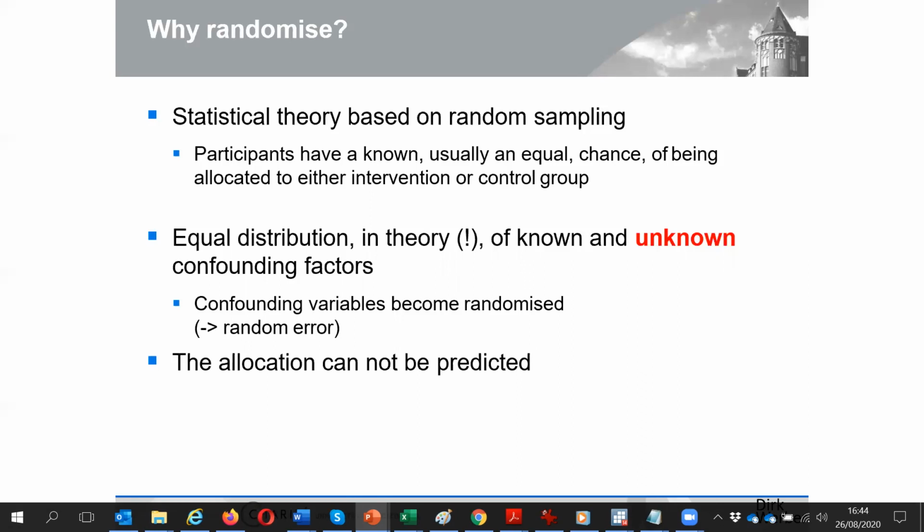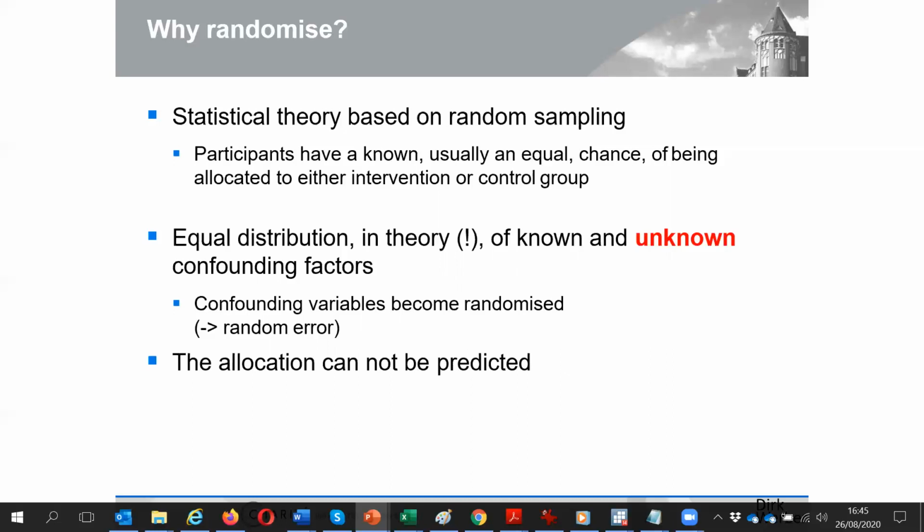There's no bias, and no selection bias, because each one of them will have an equal chance of going to any one of those groups. Then there will be equal distribution of confounders.